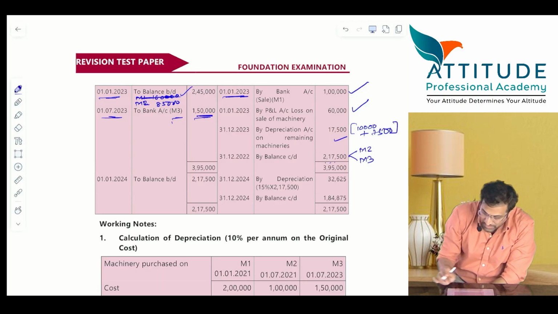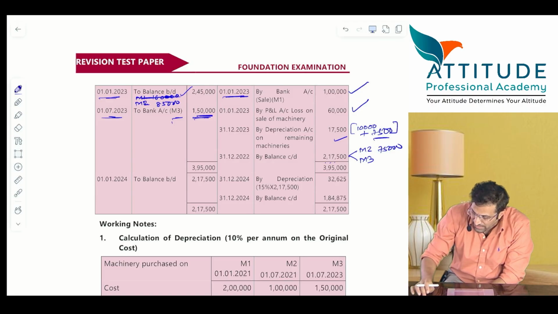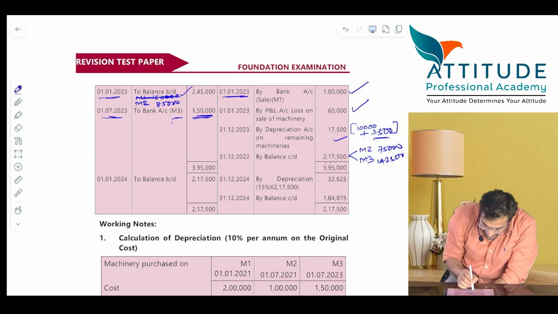M2 है 85,000 minus 10,000 which will give you how much? 75,000. और M3 will be 1,50,000 minus 7,500.